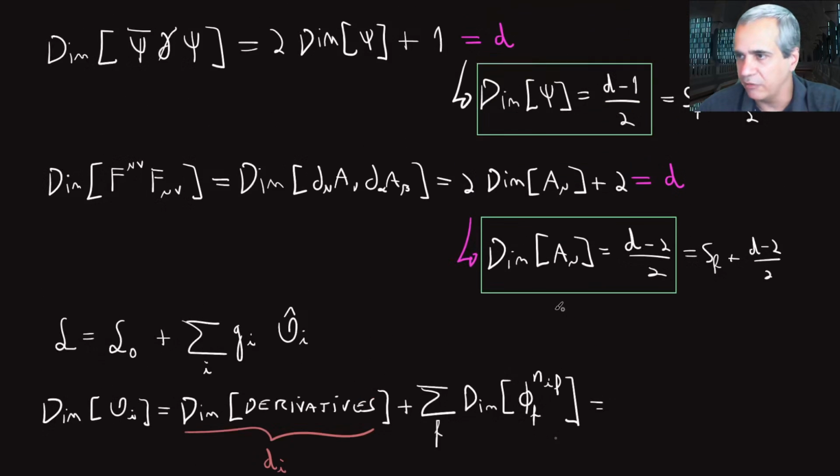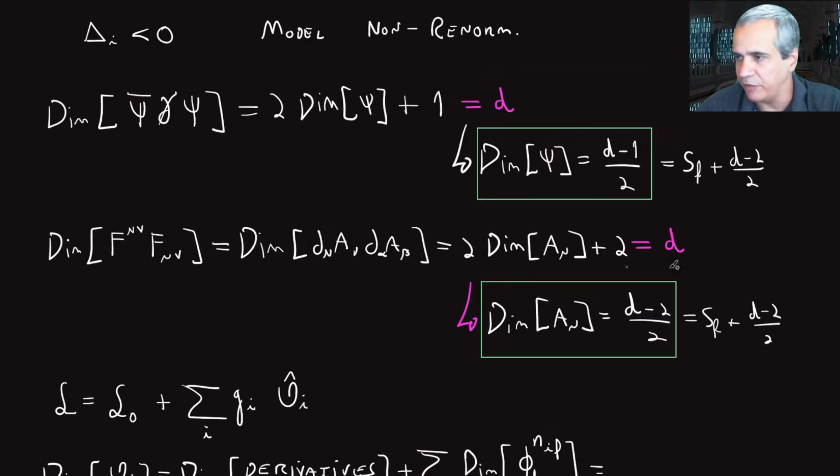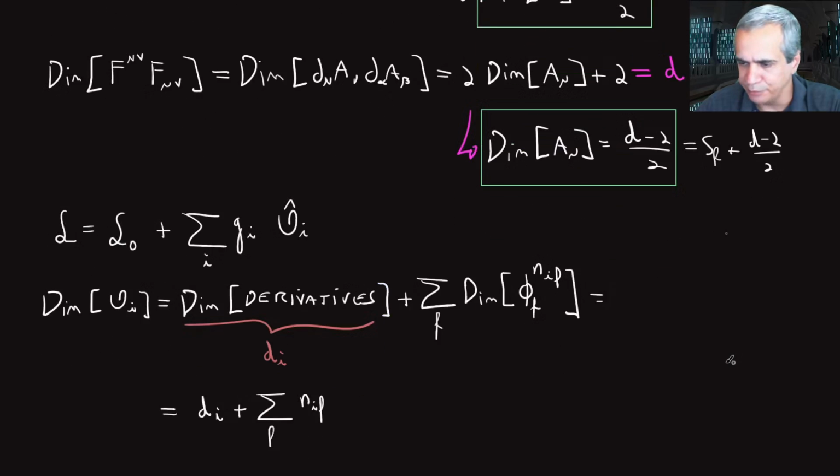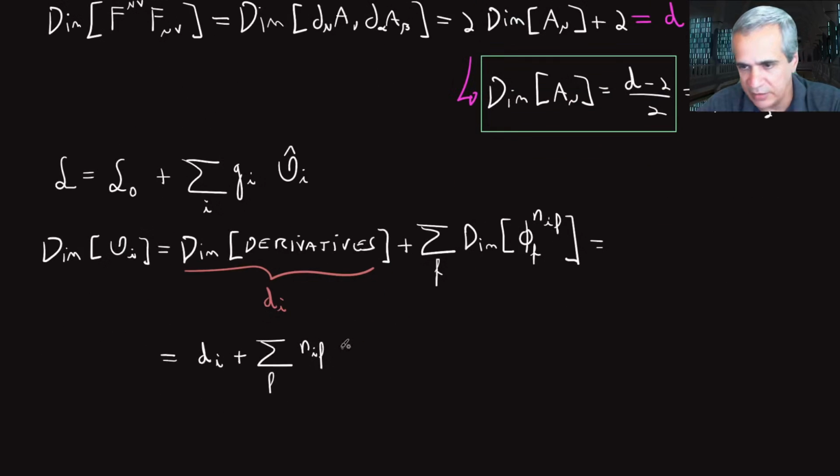But I said I can write basically the dimension of any field like that. In fact, the scalar field, we have seen it in video 10, has also dimension d minus 2 over 2. So this expression is also valid for the scalar field. So let me put that here as SF plus d minus 2 over 2.